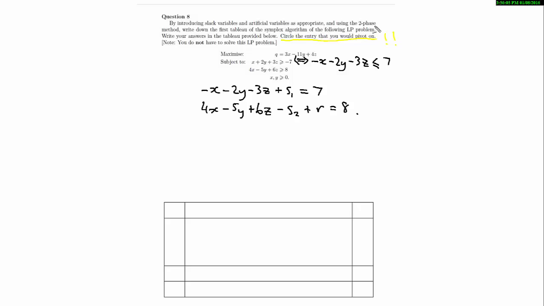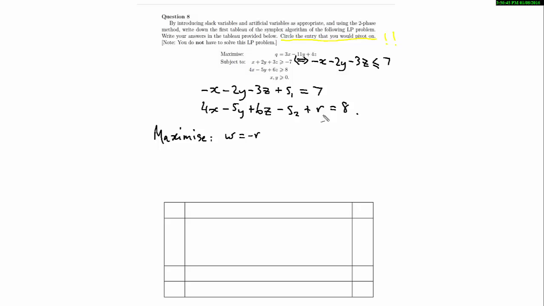So the next step is to give ourselves a maximization problem, which will be the first phase of the two-phase method. Okay, so in this case, we aim to maximize the variable w, which we let be equal to minus r. And we do that because ultimately in this first stage, we aim to get rid of this artificial variable r by creating a maximization problem to make it equal to 0.